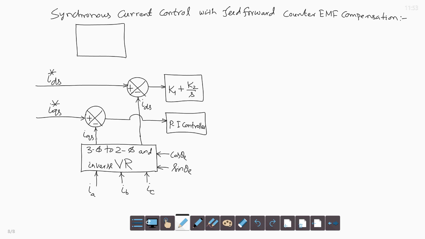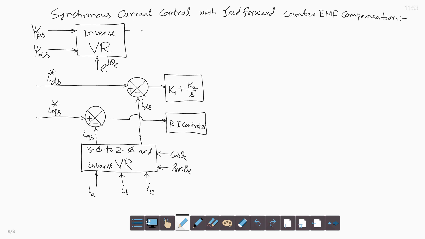Then we have the flux components psi beta s and psi alpha s, alpha beta components, stationary reference frame components of the stator flux, and it is inverse vector rotation using the unit vector e to the power j theta e.